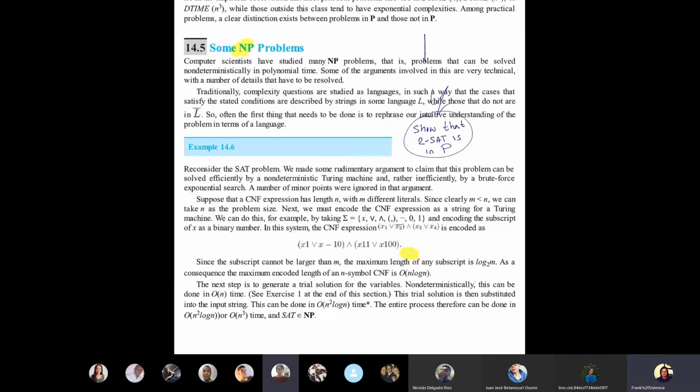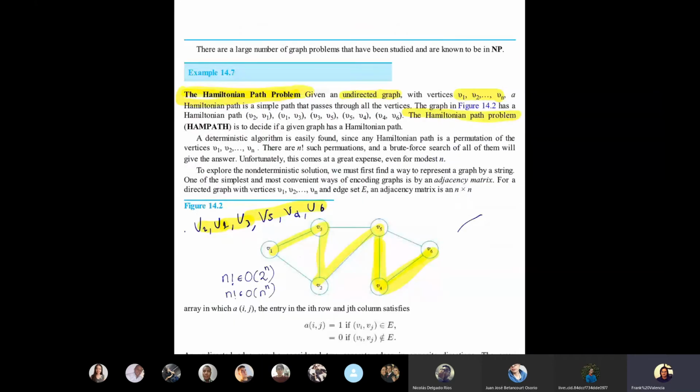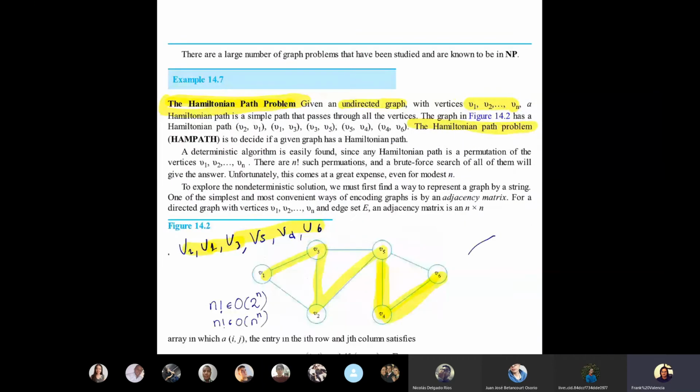So here are some other ones. All these NP problems are easy because non-deterministic machines are very powerful. They just guess and verify. That's all they have to do. Here's another famous NP problem.